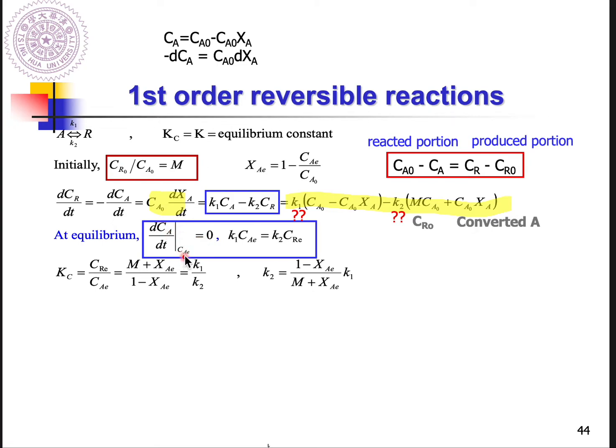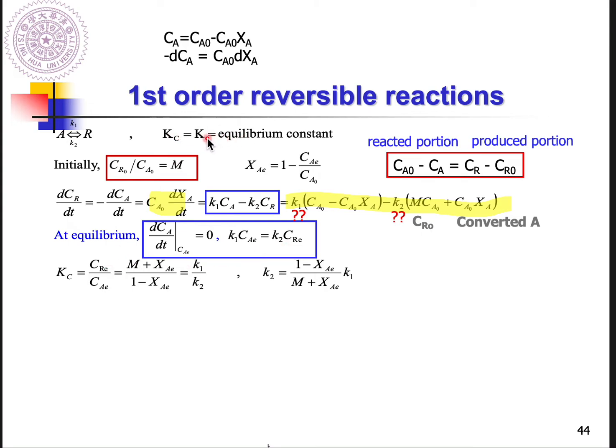So at the equilibrium condition, it equals 0. That also tells you K1 Cae equals K2 Cre, because how much A converted to R equals how much R converted to A at equilibrium. So based on these two important pieces of information, we can get the relationship between K1 and K2. So how to do that?